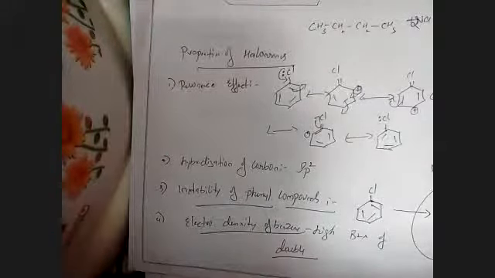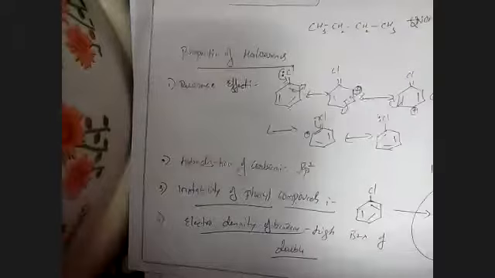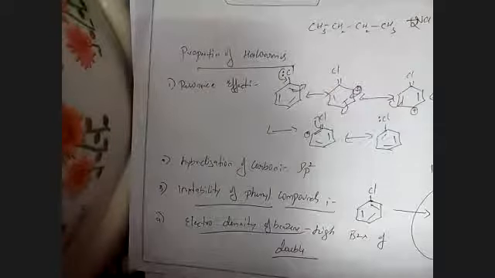Got it? So these four are the properties of haloarenes. Write down the reactions and the properties.